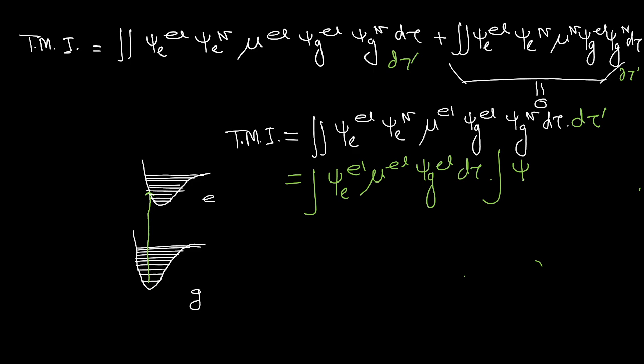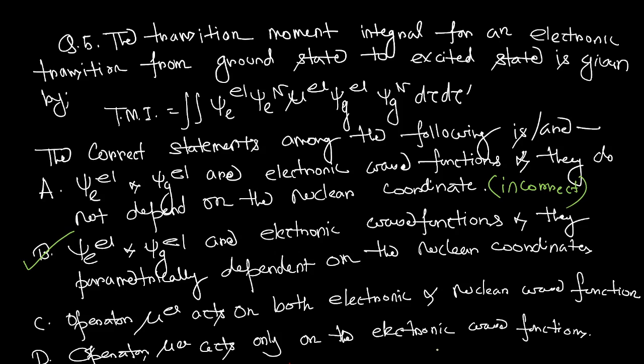As I mentioned, the nuclear part doesn't change during the transition, so mu el only acts on the electronic part, not the nuclear part, because this term remains constant while the electrons are exciting. So this is the correct one. With this, question number 5 is done.